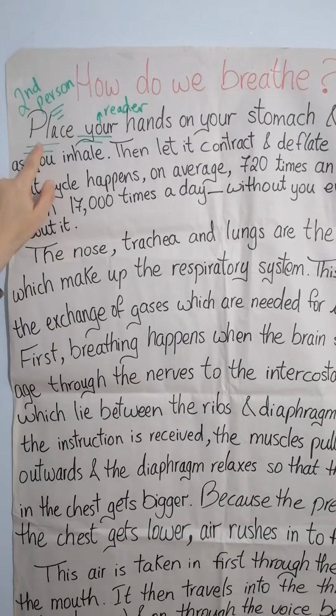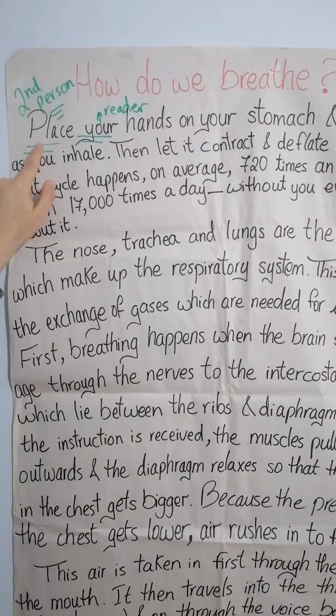It's good to include results of research and studies, because this makes your writing more trustworthy, because you're telling the reader that this is based on science, it's based on scientific information.